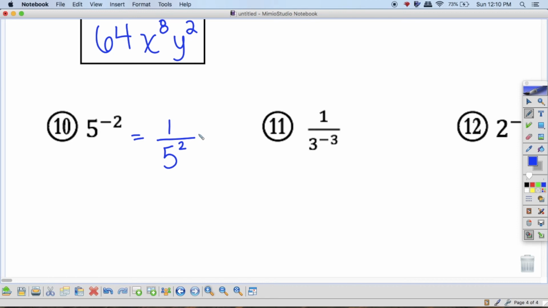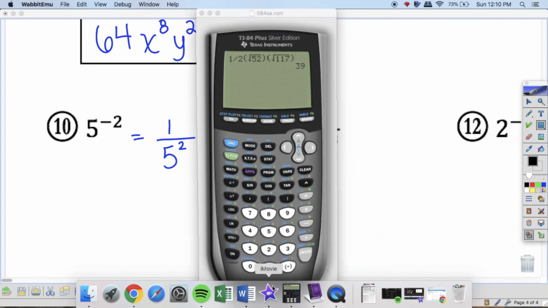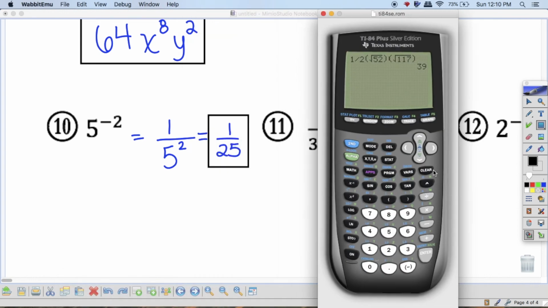And what is 5 squared? 5 squared is 25. Okay, so 1 over 25. And when it's just numbers, you could check it in the calculator. If I do 5 to the negative 2 power, it gives me 0.04. That is the same as 1 over 25.